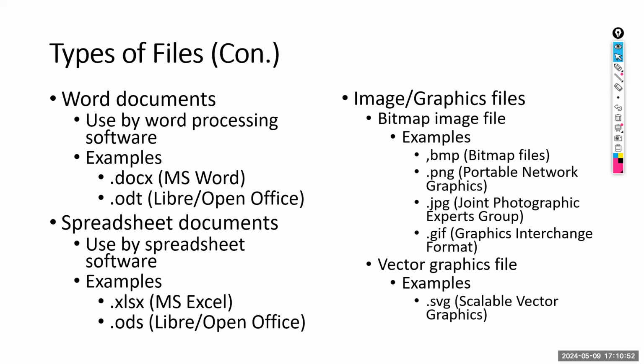Then for images, of course, there are plenty of types like BMP, PNG, JPG, GIF. Remember, those are all for raster images, or bitmap images. What is the other type called?